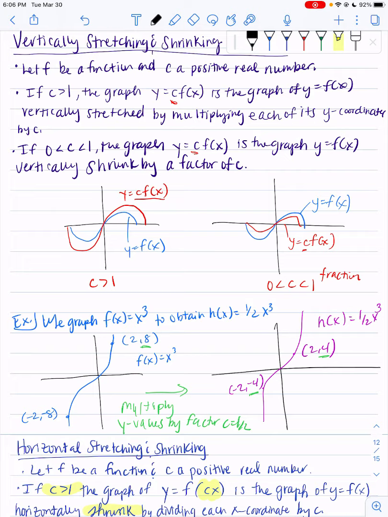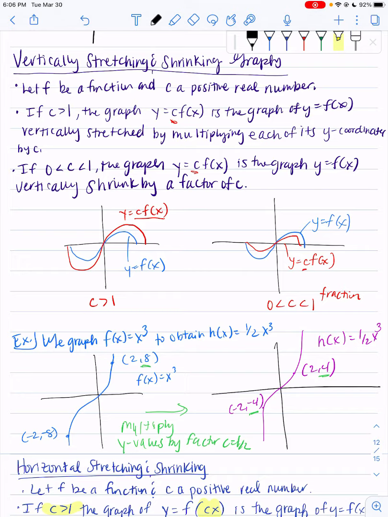If c is greater than 1, the graph of c f of x, the c is on the outside because we're vertically stretching and shrinking, is the graph of y equals f of x vertically stretched by multiplying each of its y coordinates by c. So that's if c is greater than 1. Multiply each of its y coordinates by c.